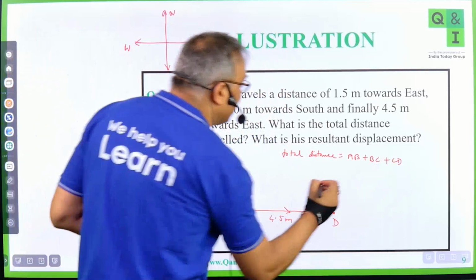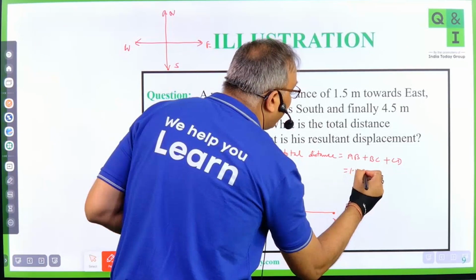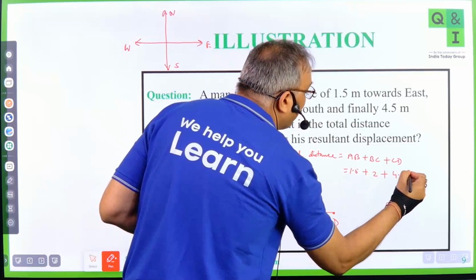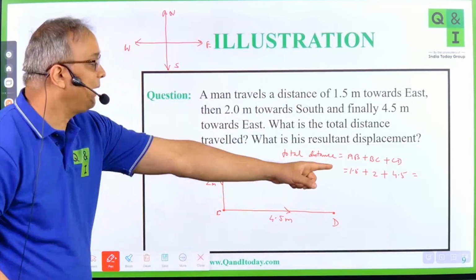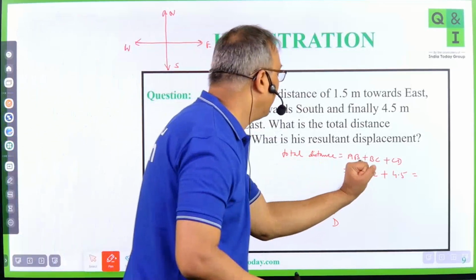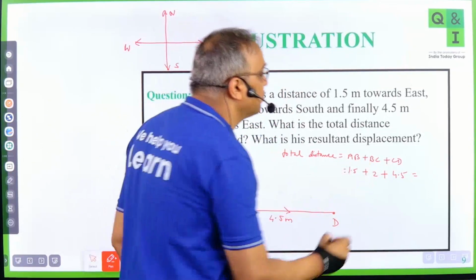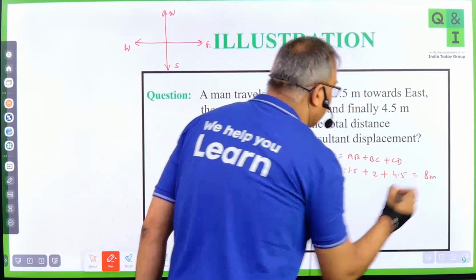Now AB is equal to 1.5 meter, BC is 2, and CD is 4.5. So 1.5 plus 4.5 is going to give you 6, and 6 plus 2 is equal to 8 meter.